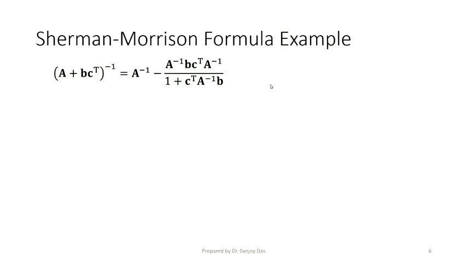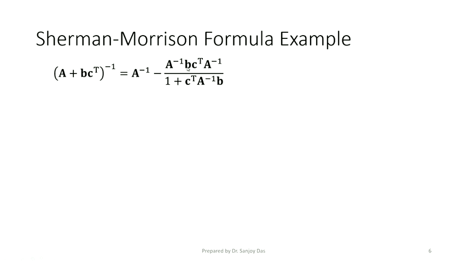Let's do an example of how to solve matrix problems. Suppose we have to prove this. This is an identity. Assuming that A is invertible, and A plus B C transpose is also invertible, then this identity holds. Why do I have 1 plus this in the denominator? Because it's a scalar. Both sides are matrices.